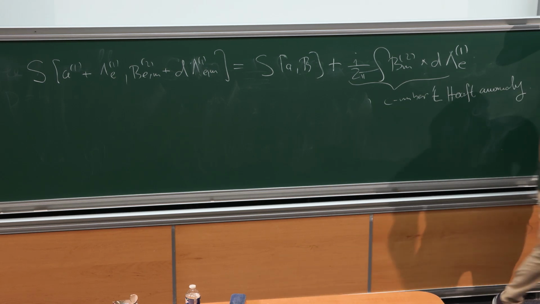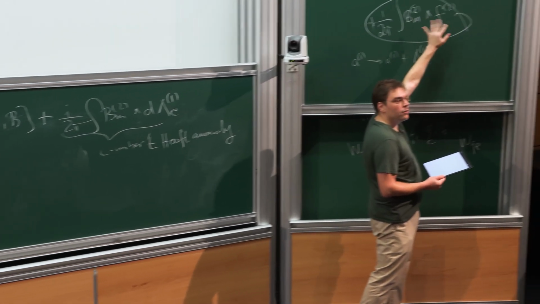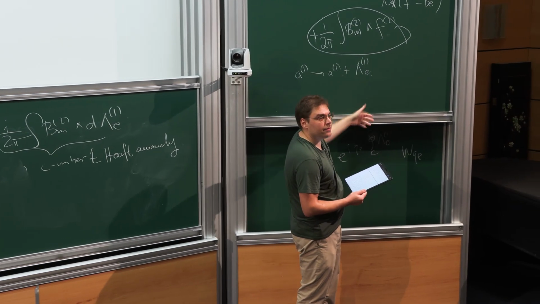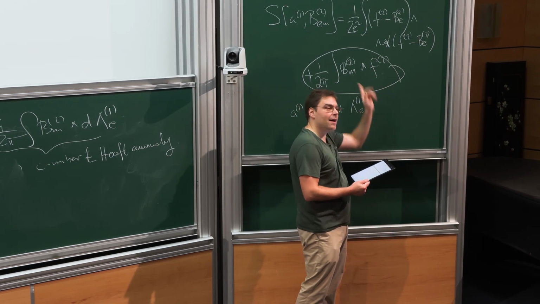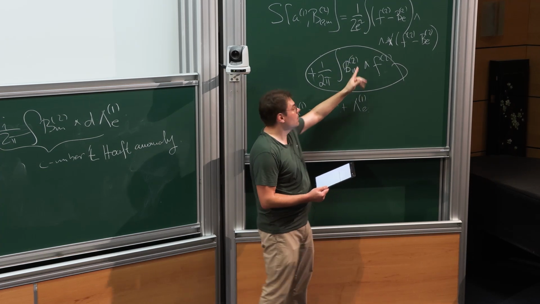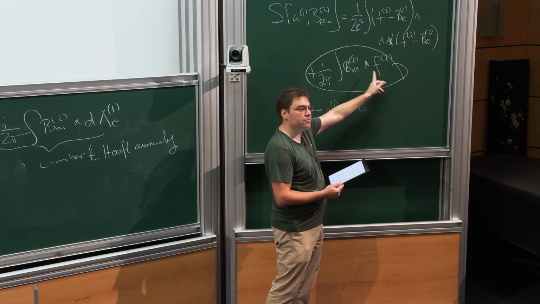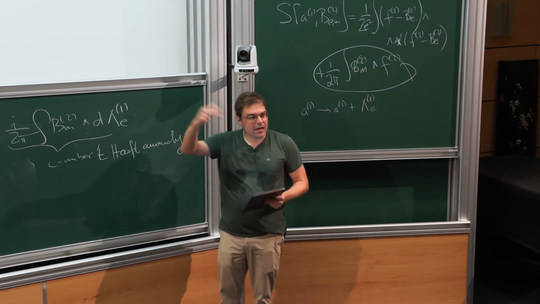Now, you might have thought that you can fix this problem by doodling around with the way that you couple F to background fields here. Maybe you would have said, oh, I made a mistake, I should have written F minus B electric instead of F. But that only modifies this action by a local counterterm of the form B magnetic wedge B electric. And that cannot cancel this. It can kind of move it around.